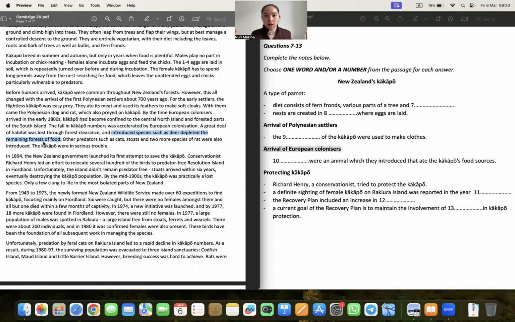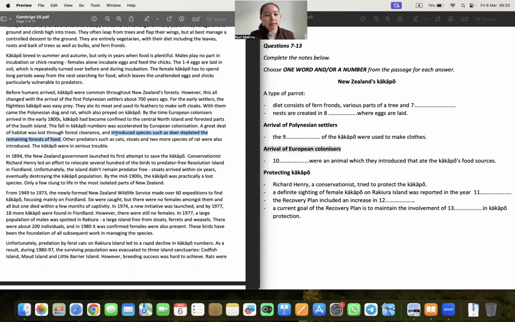So food means so much food. And ate, depleted the remaining. Yes, here we go. Forest clearance. A great deal of habitat was lost through forest clearance, and introduced species such as deer depleted the remaining forests of food. Other predators such as cats, stoats, and two more species of rat were also introduced.